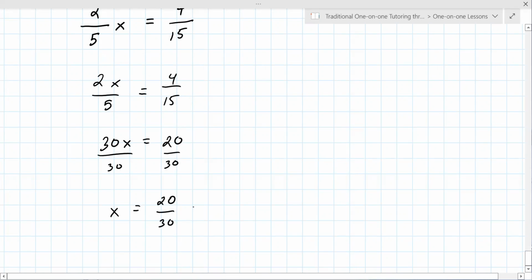What number goes into both of these? 10. 10 goes into 20, okay, so that gets you to 10 over 15. Does 2 go into either of these? Only 10. But 5 does. 5 goes into both. Oh, that is 2 over 3. 2 over 3.